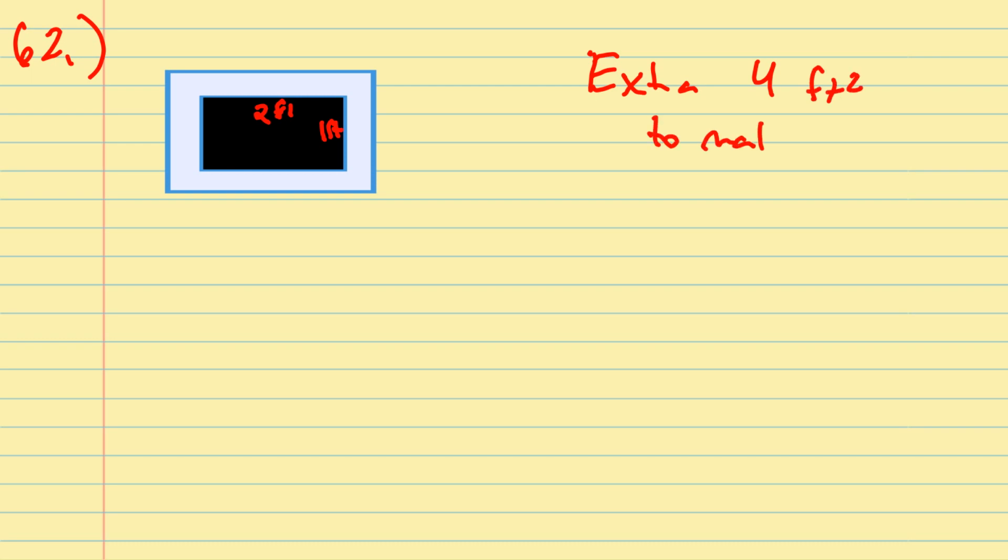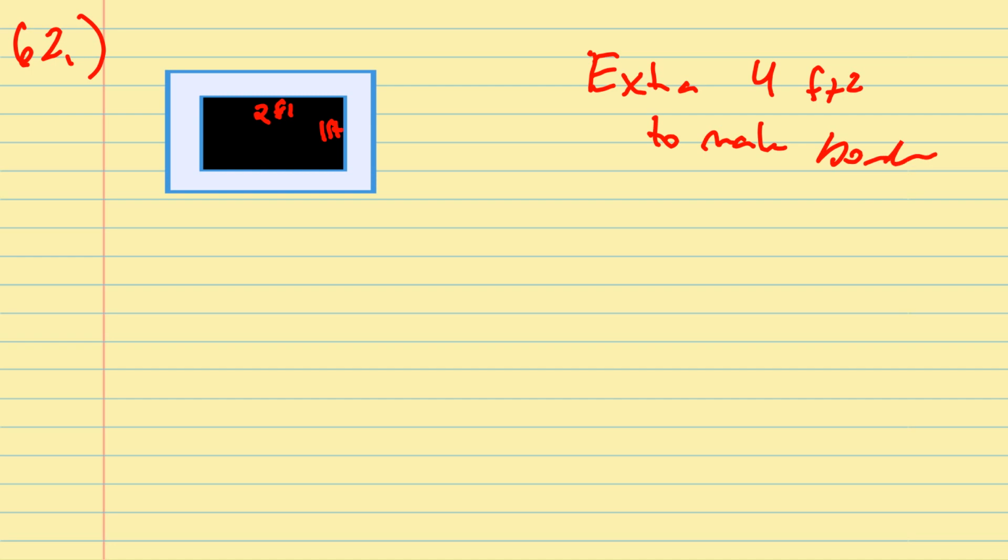Alright, this is 62. I have this rectangular stained glass window. It is 2 feet by 1 foot. I have an extra 4 square feet to make a border.